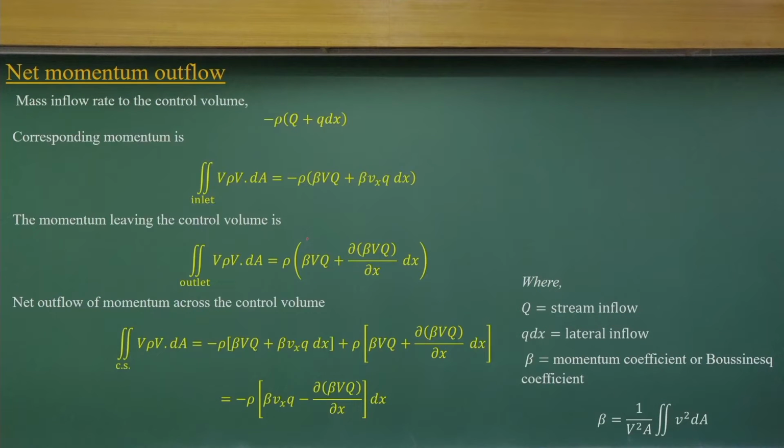Now, the next one I want to revisit: when you consider the same control volume, I have Q amount of flow coming in, and there is lateral flow, small q amount of flow, coming in, and this is the x direction.